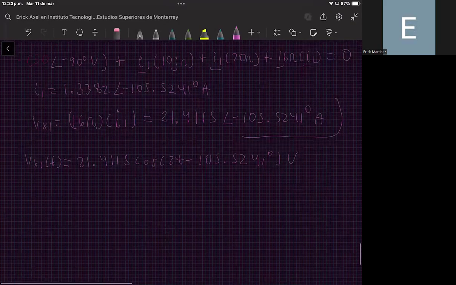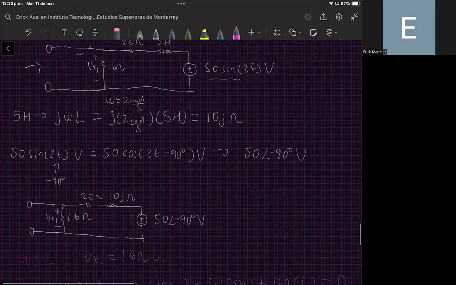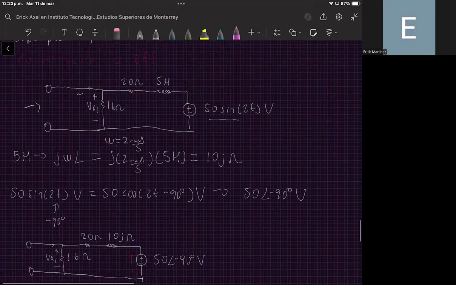And well, I think that's it. So we have computed the contribution of this voltage source to the voltage in the 16 ohm resistor.